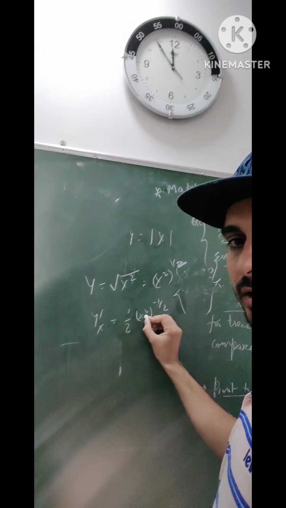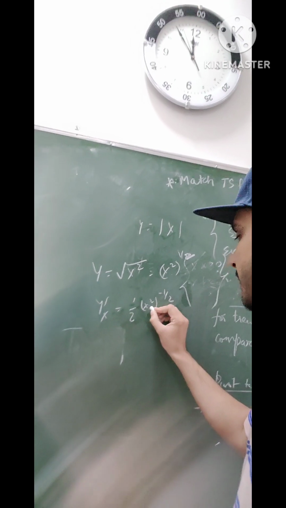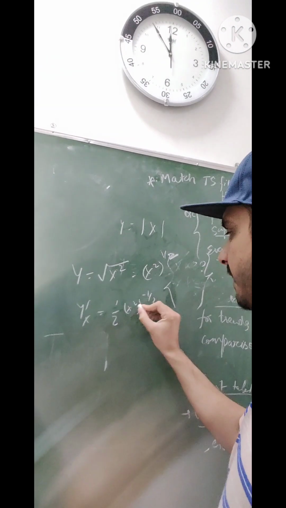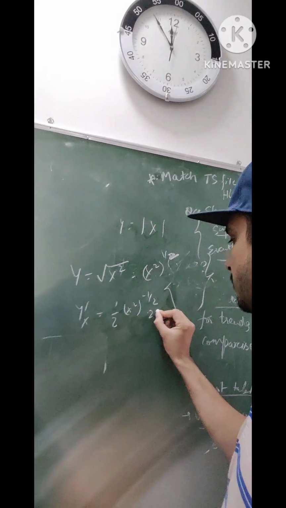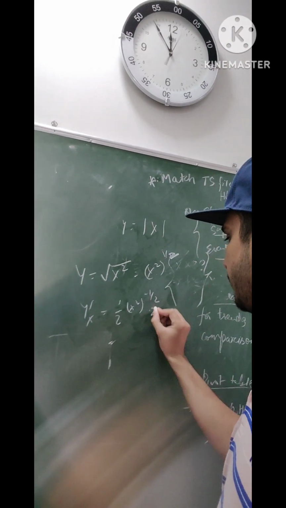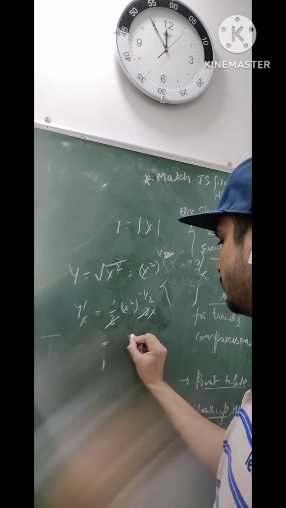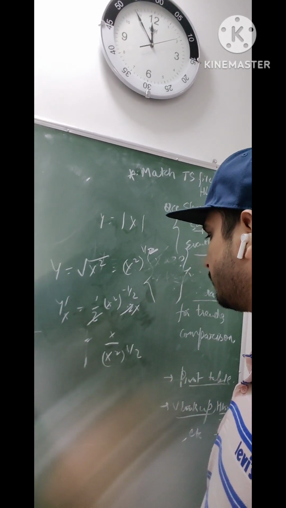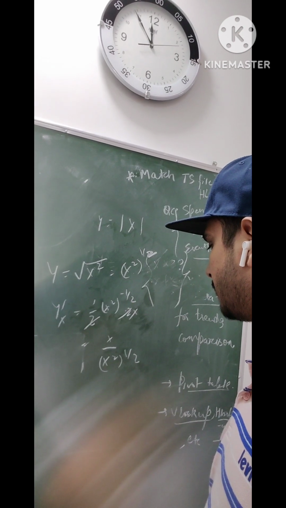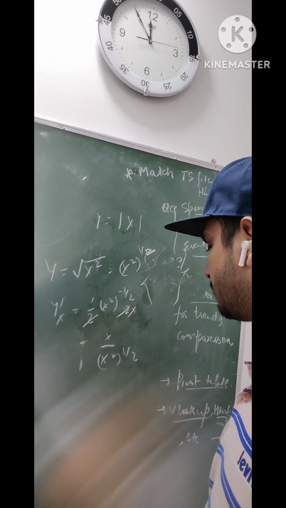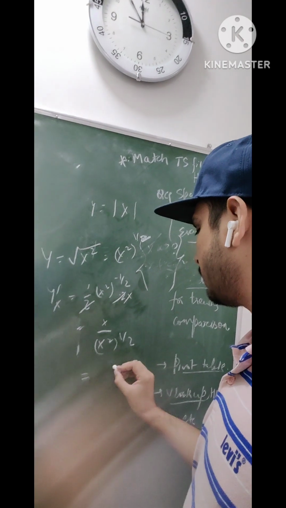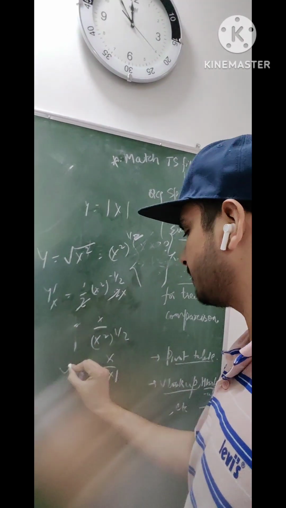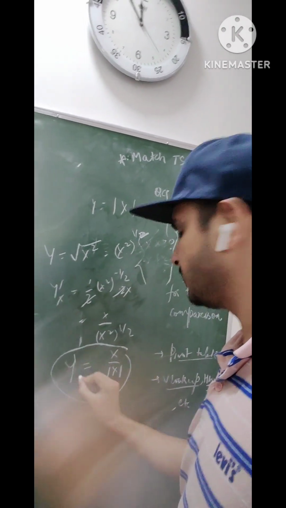And then we are going to use the chain rule, because we have to differentiate this as well. So it will be 2x, and we can cancel this out. So it will be x upon x square to the power half, which is x upon modulus x. This will be the differentiation.